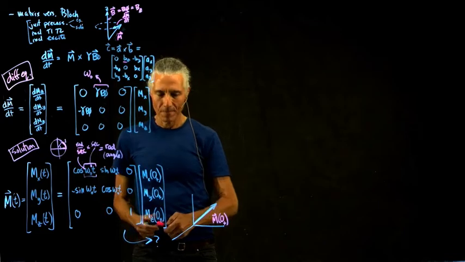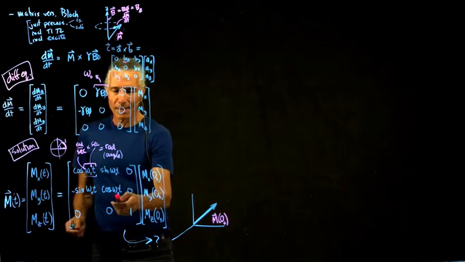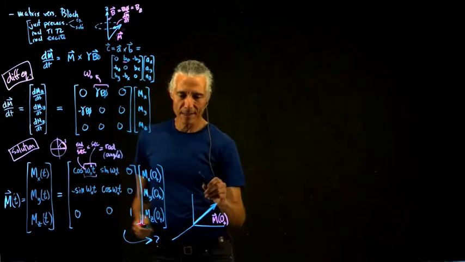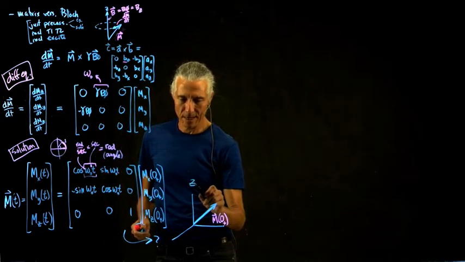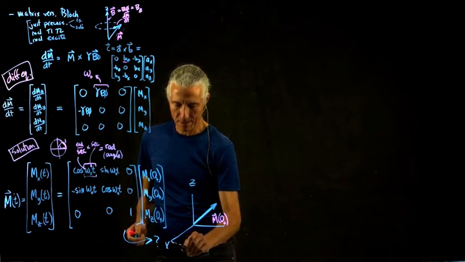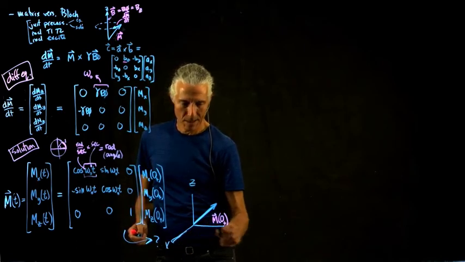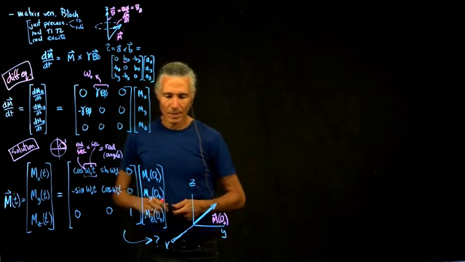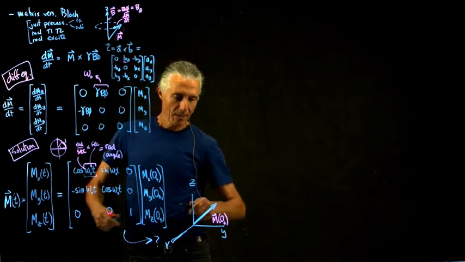And what can this matrix do? The only thing it can do is basically rotate around the z-axis. So here's the z-axis, and there's the x-axis sort of sticking out at us, and there's the y-axis. So the only thing it can do is rotate around.